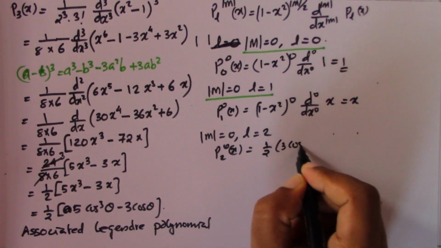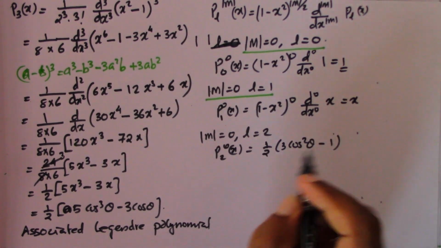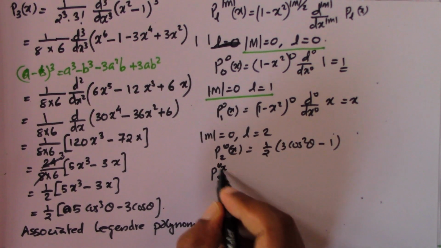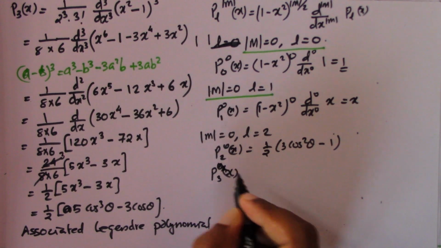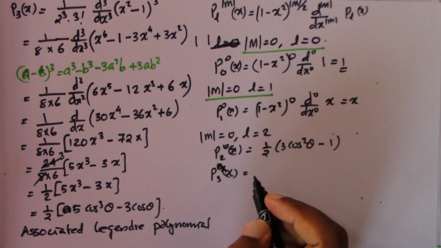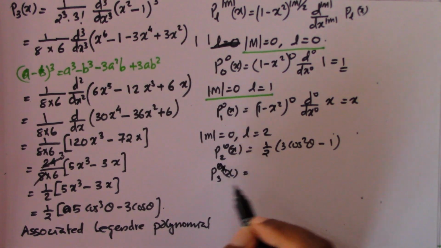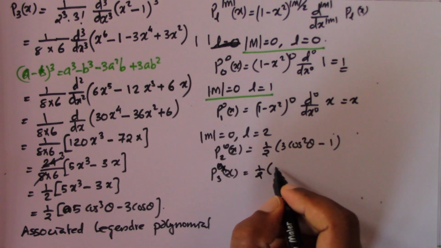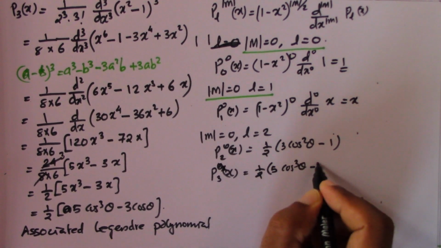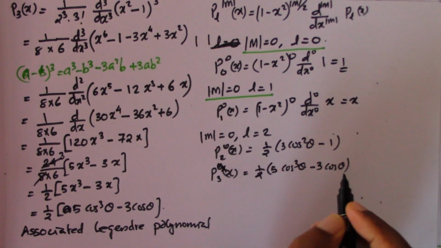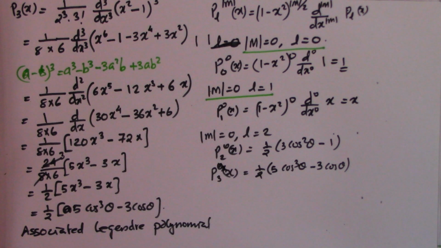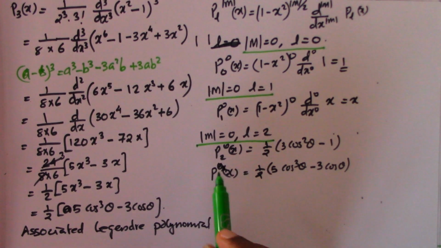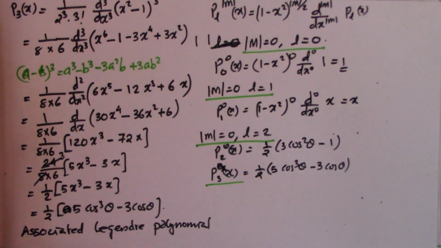And in the case of P_3^0(x), here also m is equal to 0, therefore it will be equal to P_3(x), and P_3(x) is equal to half into 5x cube minus 3x, or 5 cos cube theta minus 3 cos theta. Okay, so wherever we have m is equal to 0, we will get that P_L^m(x) will be equal to P_L(x). So that is obvious.